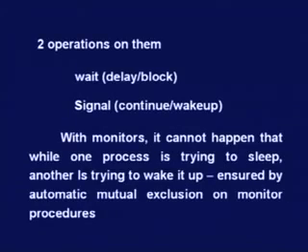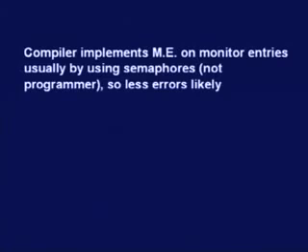The basic advantage with monitors is that it cannot happen that while one process is trying to sleep, another is trying to wake it up. This is ensured by automatically provided mutual exclusion on the monitor procedures.